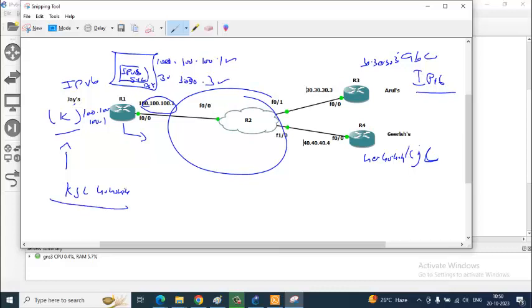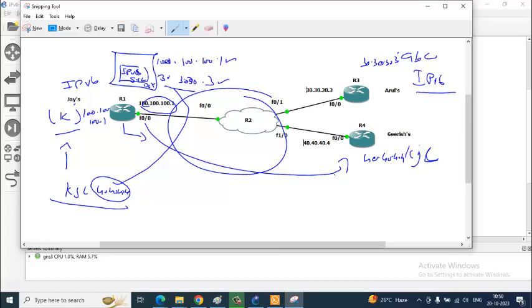When I ping this, it extracts this and puts it as a destination and delivers the packet here. All of Girish's network will have 40.40.44 in the second hextet, the second portion of the IPv6 address.